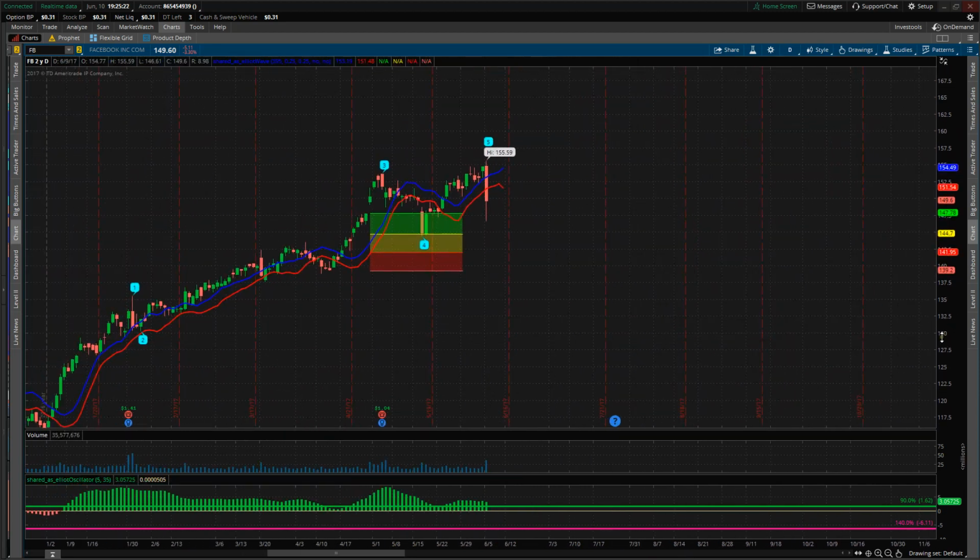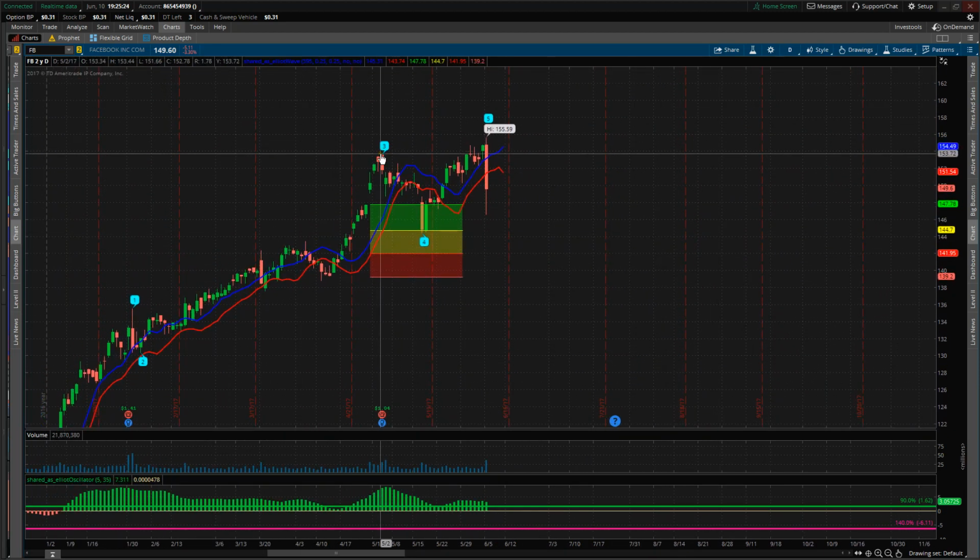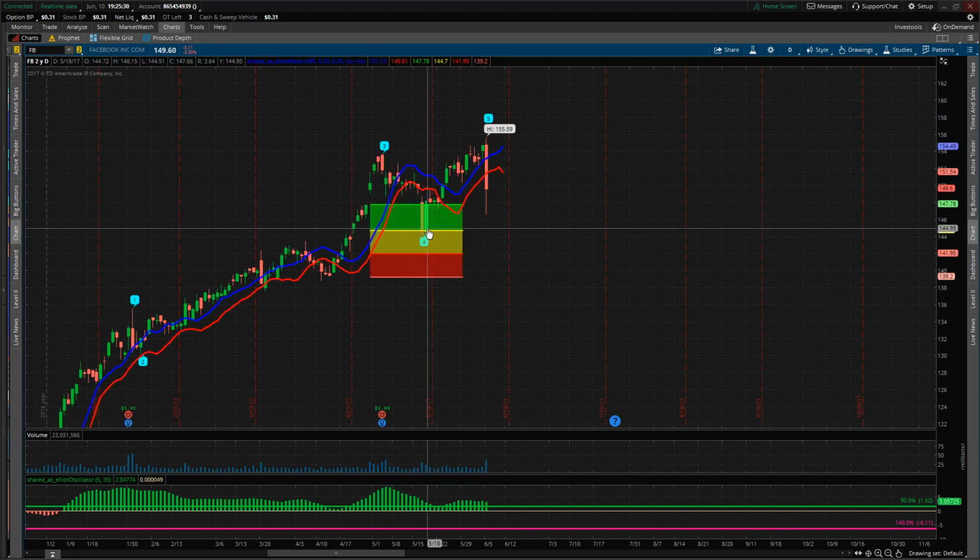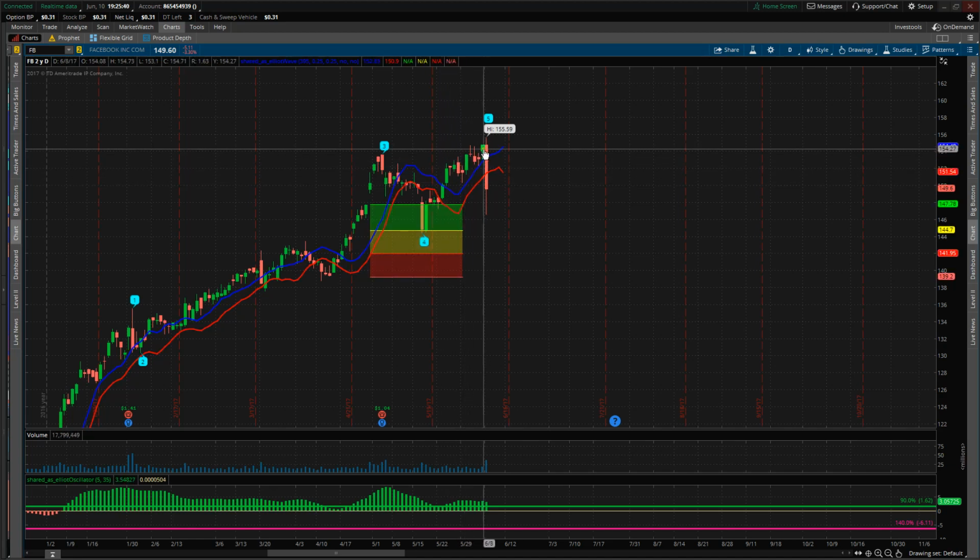So this is Facebook on the daily. We've had a wave 3. The wave 4 has pulled back into the bottom of the first zone and then moved out, gone above the 6-4 moving average high, and that was the trade on Facebook. Big sell-off on Friday.